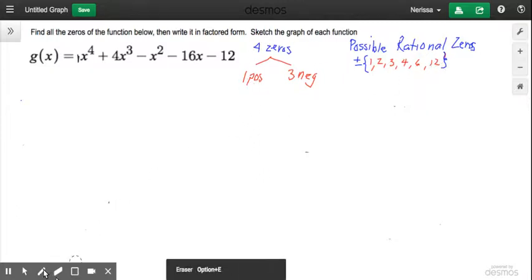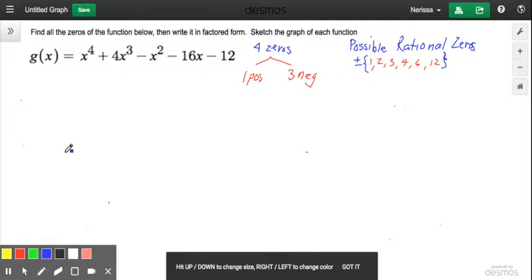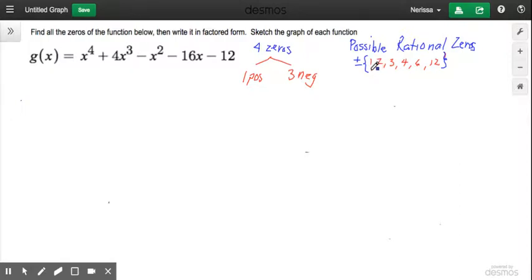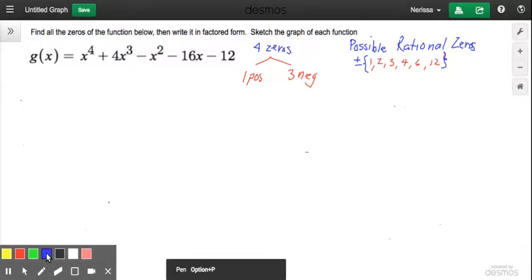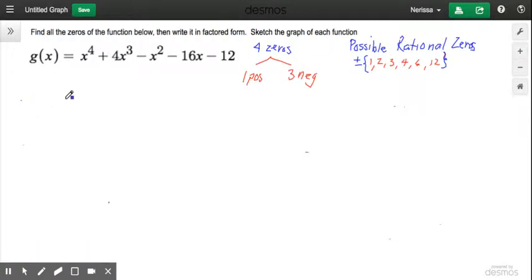Okay, so now we're going to start looking for those zeros. So what we want to do is plug in 1 into x and see if g of x will turn out to be 0. If g of x turns out to be 0, then 1 is a zero of g of x. If g of x doesn't turn out to be 0, then 1 is not a zero of g of x. All right, so we're going to use synthetic division to find all the zeros.